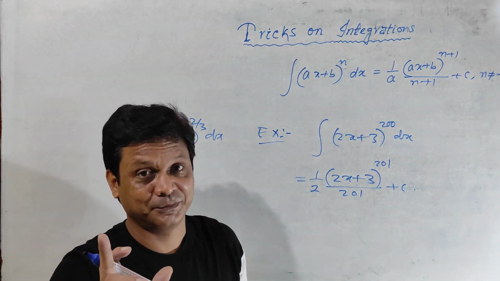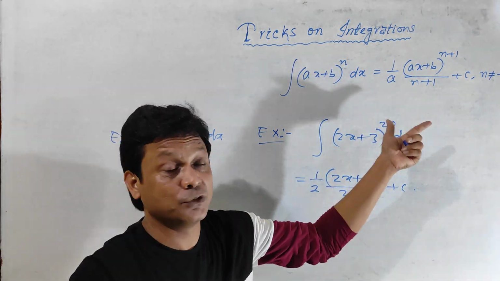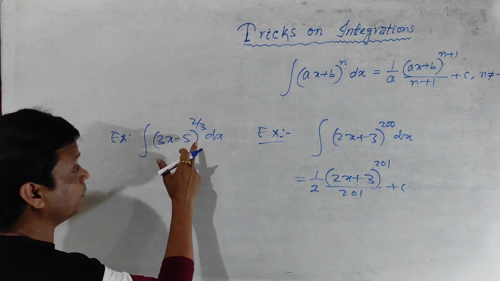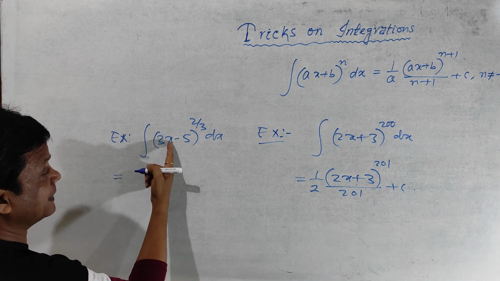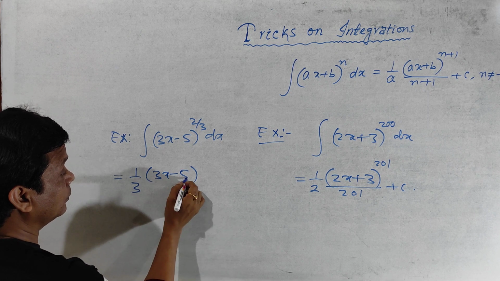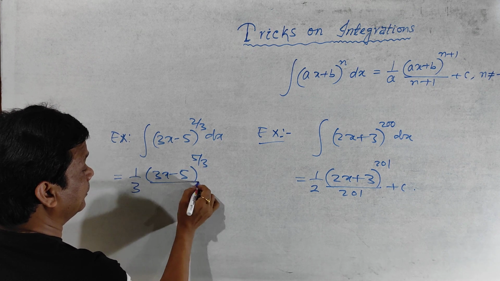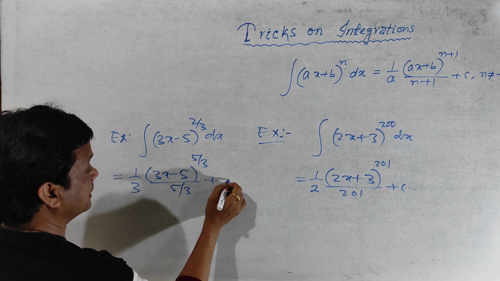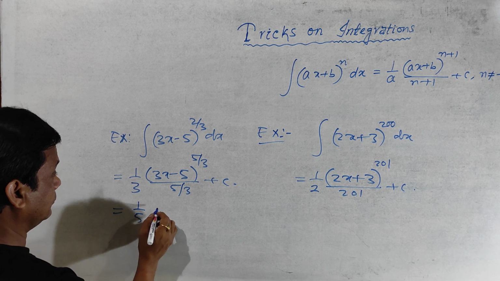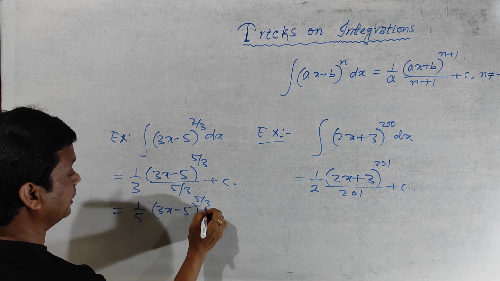You should apply the formula directly, or the process by which I proved this formula. So how to apply directly? The coefficient of x is 3, so 1 by 3, (3x minus 5) to the power 2 by 3 plus 1, that is 5 by 3, divided by 5 by 3, plus c. Then the 3s cancel out, giving (3x minus 5) to the power 5 by 3 plus c.